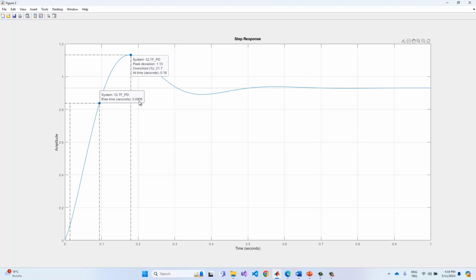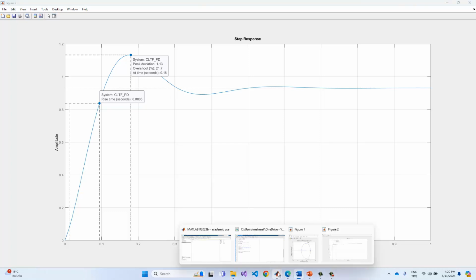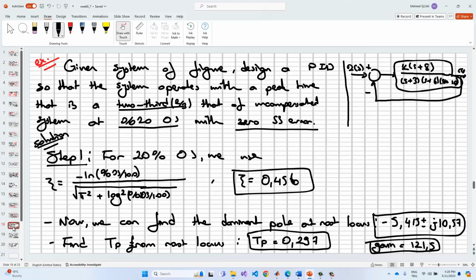0.08 in here, because in the previous case we have the 0.3, but in that time the rise time, the peak time, is equal to what? This one, the peak. And also given in here, this is the rise time, this is the peak time. The peak time is equal to what? The 0.18 in that coefficients. Okay, just remember that the peak deviation is given in here, just like this one, but our objective is 2/3 of this time, right?